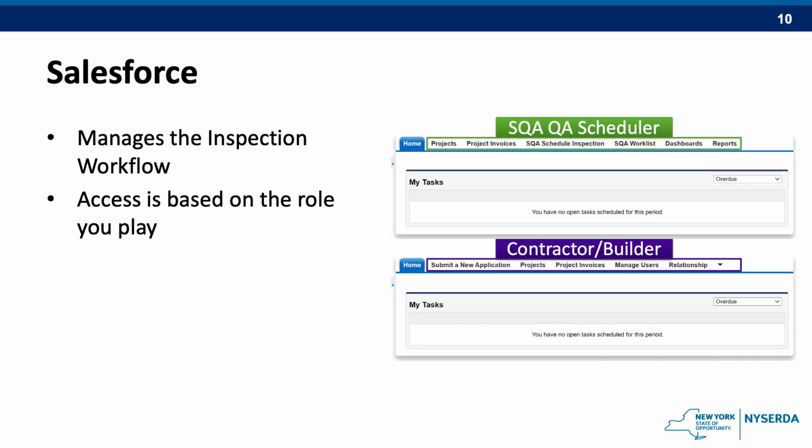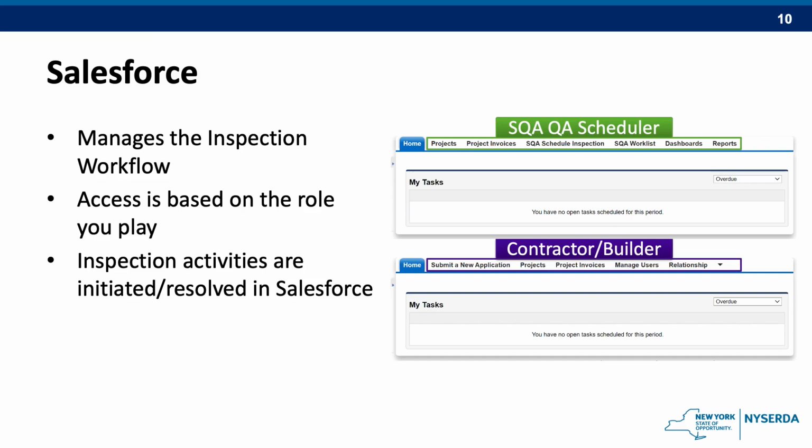This is because each of these participants engages in different inspection activities, and the navigation options must account for these separate duties. Additionally, these navigation elements provide access to initiate and or resolve all required activities as part of the SQA inspection process and ensure that all process participants are notified of their required actions and next steps.